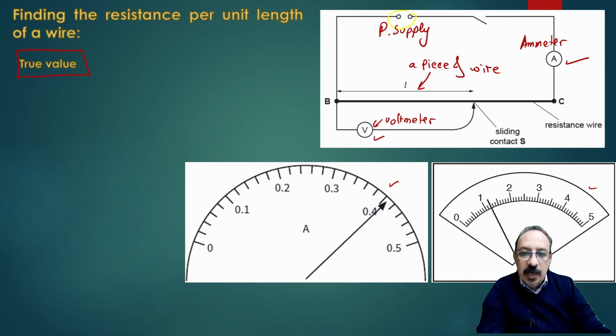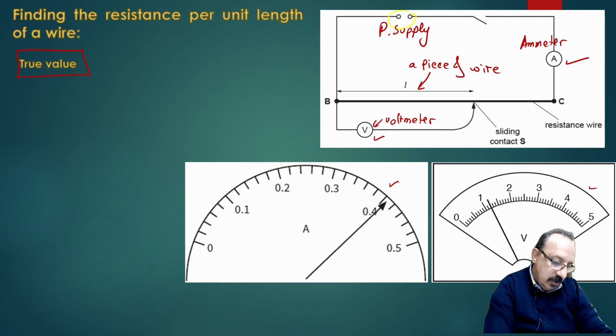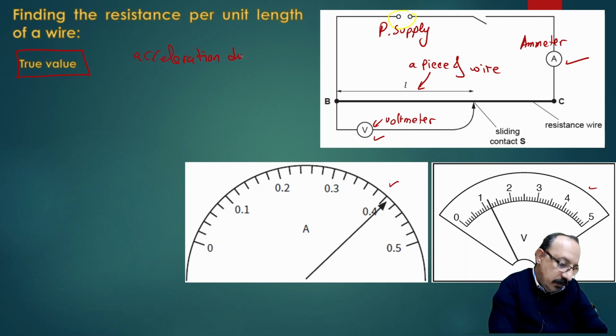For example, if we recall the experiment for a simple pendulum, the best known value for acceleration due to gravity is 9.81 meter per second square.